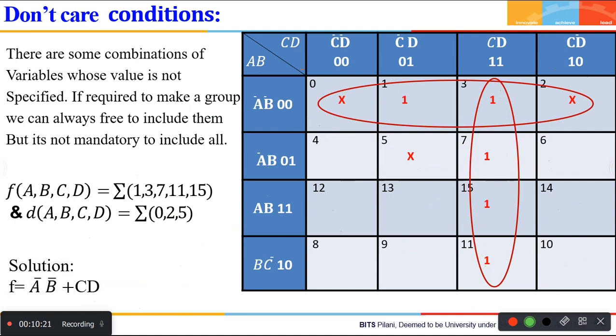See here, now if you write the truth table for 4 variables, if you write 0 0 0 0, write all combinations. How do you convert this into a truth table? See, you have A, B, C, D, right?